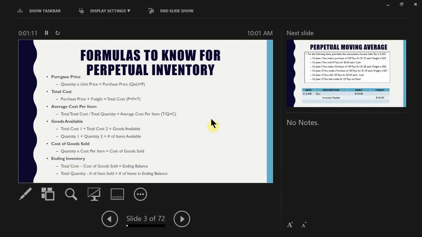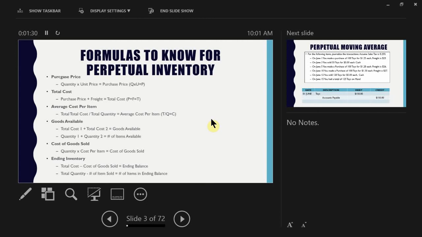This is also where a lot of your rounding errors will come into play, all right? But the rest of the equations stand the same as what you should be calculating when we do our inventory worksheet.